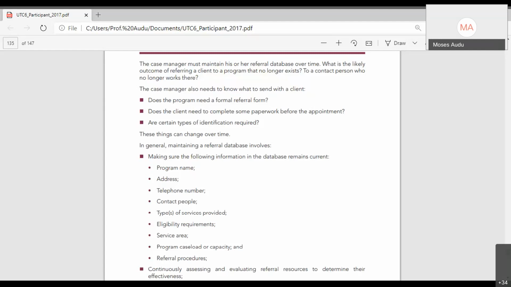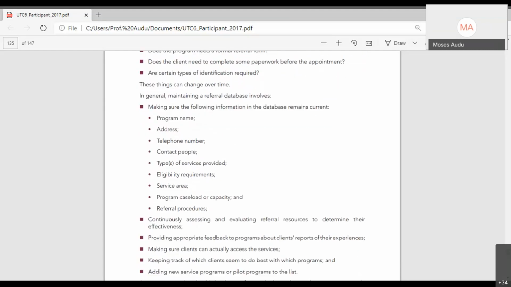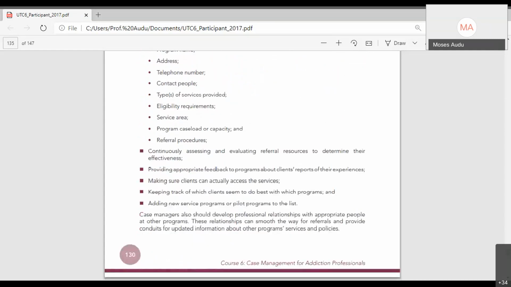These things can change over time, and then making sure the following information in the database remains current: program, address, telephone number, contact people, types of service provided, eligibility requirements, service area, program caseload or capacity, and referral procedure. So these are things that we need to do as a case manager. And then what else?